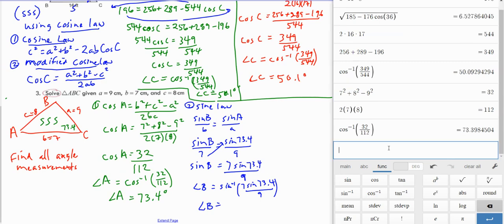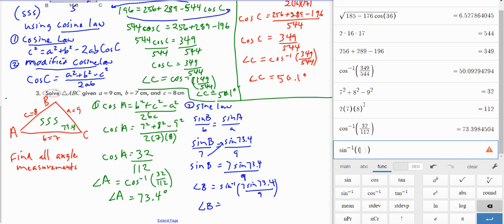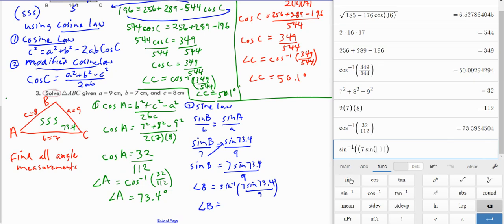Just make sure you're using all your brackets properly. So we want to have a big bracket, and inside that bracket, make a small bracket of 7 sine 73.4.